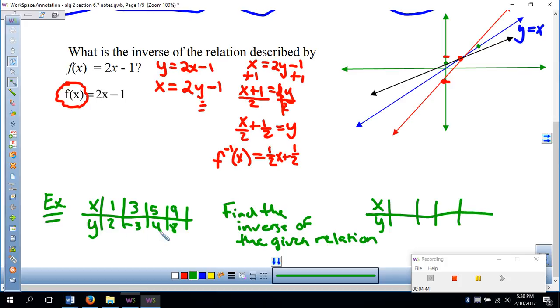The y values are 2, negative 3, 4, and 8. To find the inverse of that given relation, our y's will become our x's and our x's will become our y's. So we would have 2, negative 3, 4, and 8. And our y values in the inverse function would be 1, 3, 5, and 9. Simple as that. And then if you're asked to plot the original relation, you just plot these points: 1, 2; 3, negative 3; 5, 4; and 9, 8. And then to plot the inverse, you just plot these points: 2, 1; negative 3, 3; 4, 5; and 8, 9.